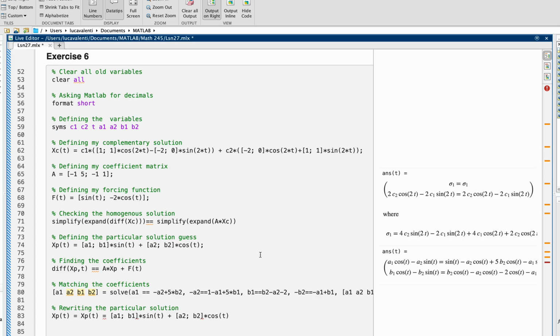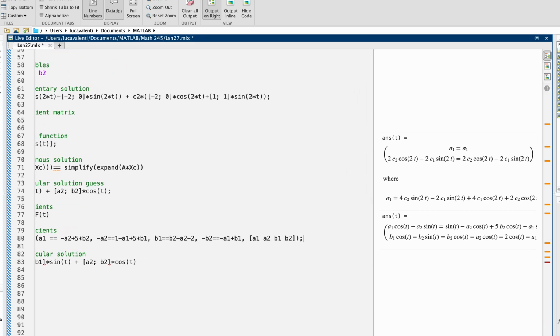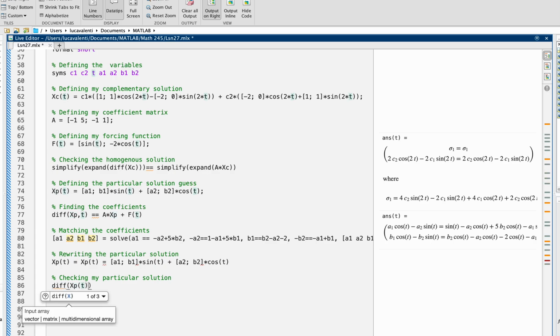output it. I don't want to output this as long as it's right. I'll output this, and then checking my particular solution to check if it's right. So I'm going to take the derivative of xp of t, and I'm going to make that equal to a times xp.